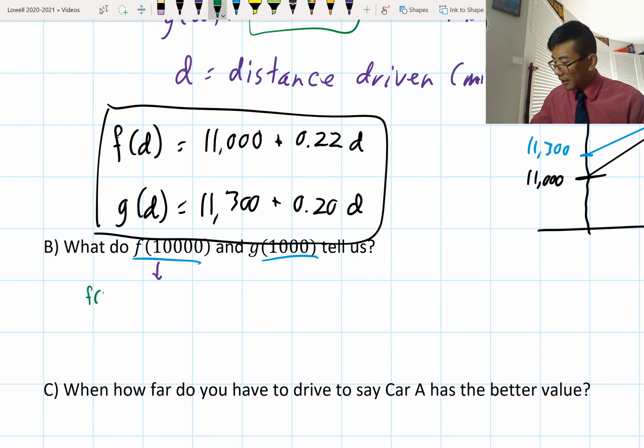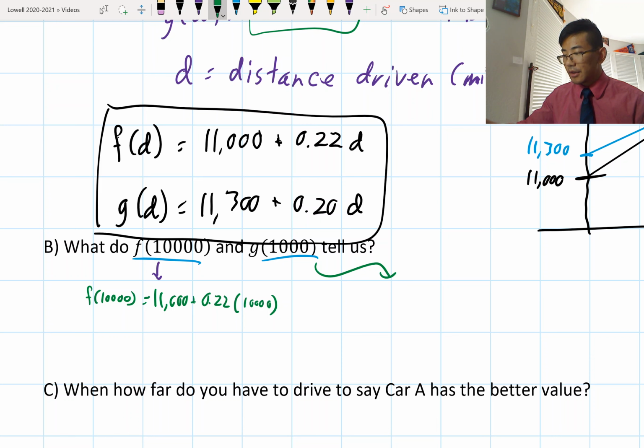So F of 10,000 is equal to 11,000 plus 0.22 times 10,000. Or sorry, 10,000, we need an extra zero in there. And then likewise, G of 1,000, well, I'll just plug in 1,000 here, plus 0.20 times 1,000.